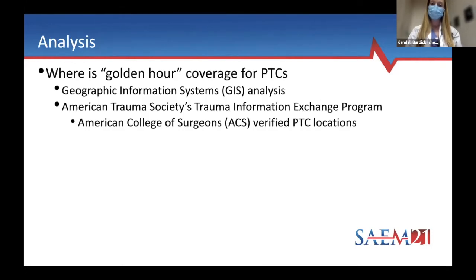So our analysis used geographic information systems on ArcGIS, and we determined golden hour coverage areas for all pediatric trauma centers in the United States. We got pediatric trauma center locations from the American Trauma Society's Trauma Information Exchange Program, which included all American College of Surgeons verified trauma centers in the United States.